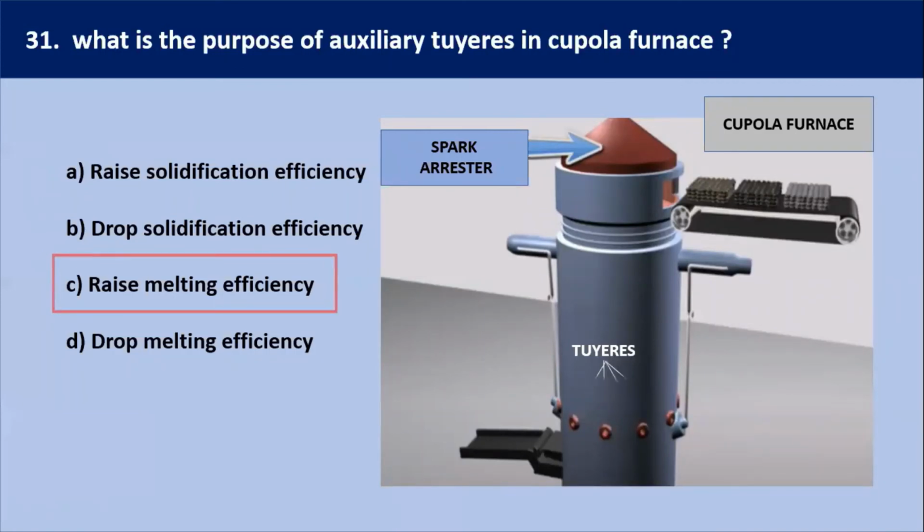They are fitted in one or a number of rows, and we can see that from this diagram also. Ultimately, I can say that the purpose of the tuyere is to raise the melting efficiency, and that's why tuyeres are always needed in the cupola furnace.